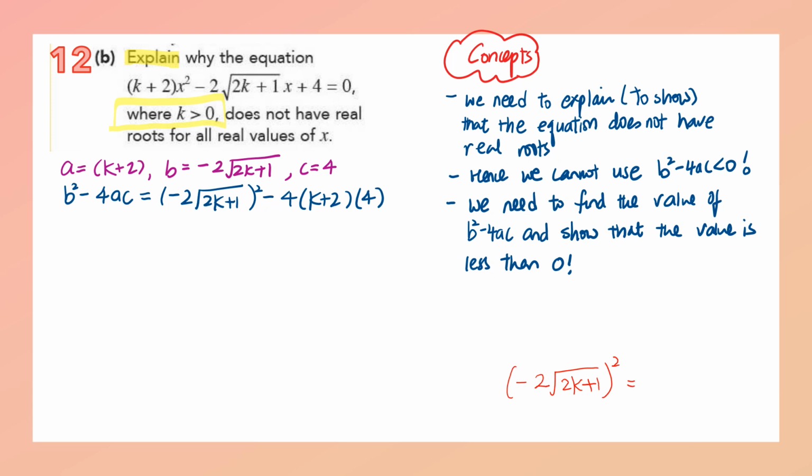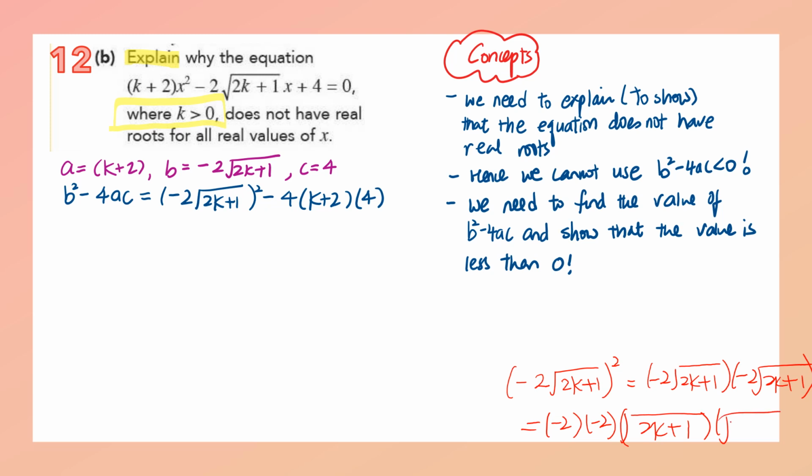This one basically is just negative 2 square root of 2k plus 1 multiplied with another negative 2 square root of 2k plus 1. So that means negative 2 times another negative 2, then square root of 2k plus 1 multiplied with another square root of 2k plus 1. Negative 2 times negative 2 gives you 4. And for a square root times another square root, the square root sign will just be gone. For example, if you have square root 2 times square root 2, it's basically square root 4, which is just 2.